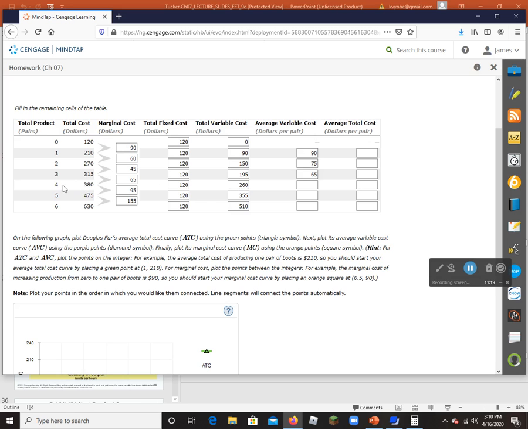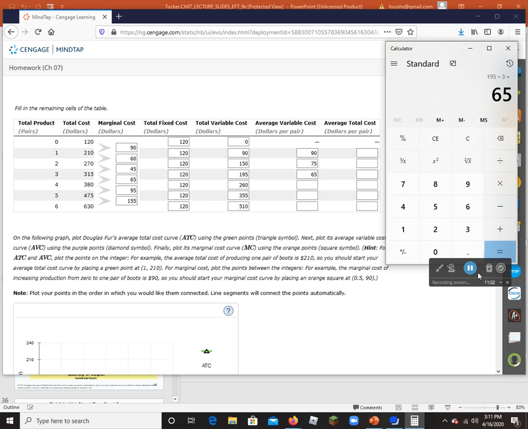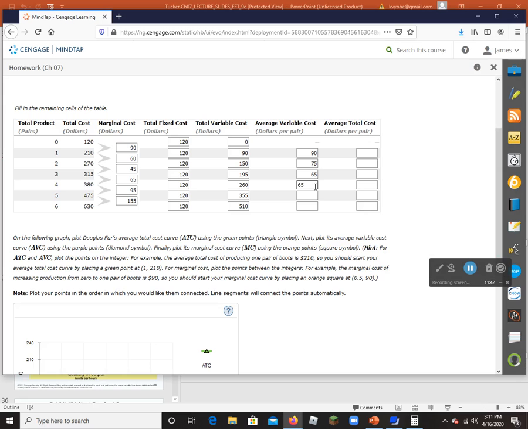So here, with $260 in total variable cost, our average variable cost is you take that 260, divide it by the 4 units of output, and here we have $65 in average variable cost.